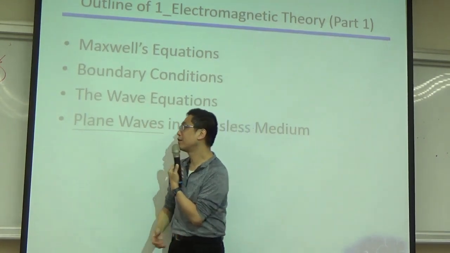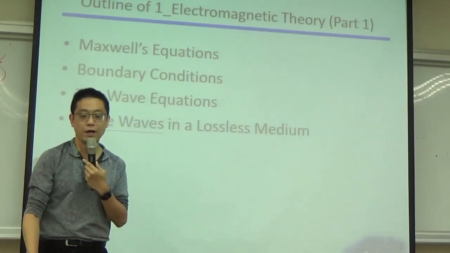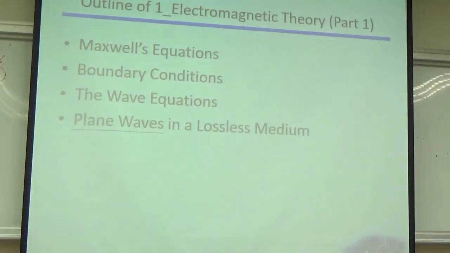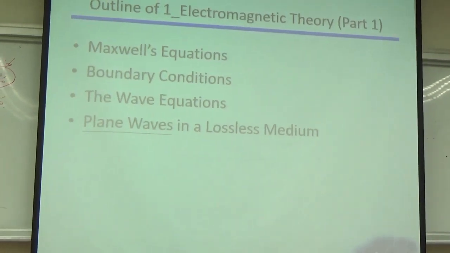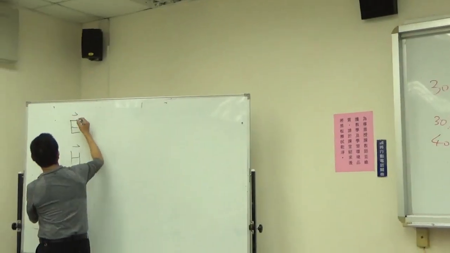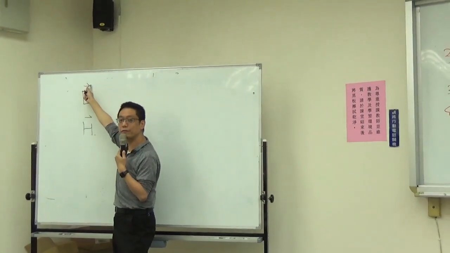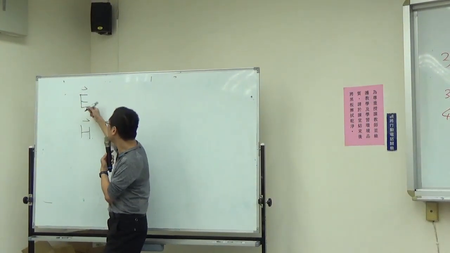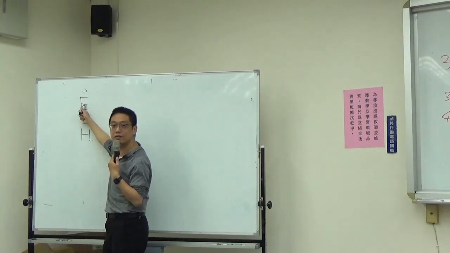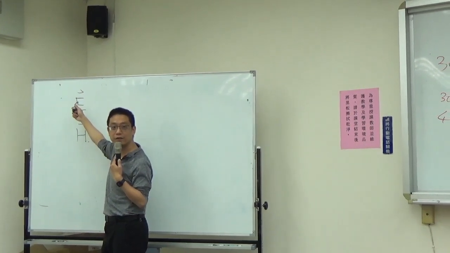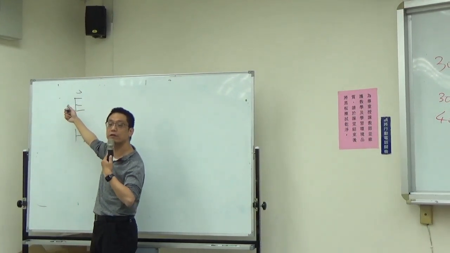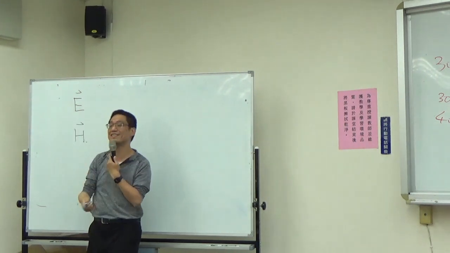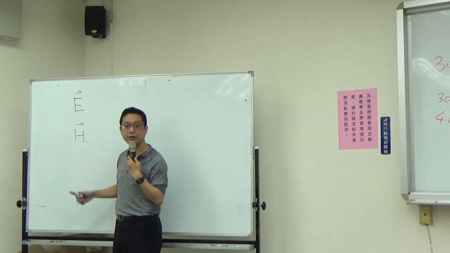I told you that there are 4 equations about the electric field and magnetic field, right? I gave you this notation. This is a vector, maybe a vector function. It's an unknown vector, right? I just told you it's E, it's H.